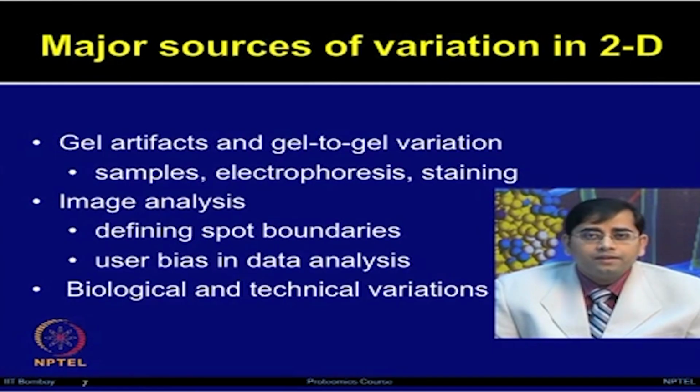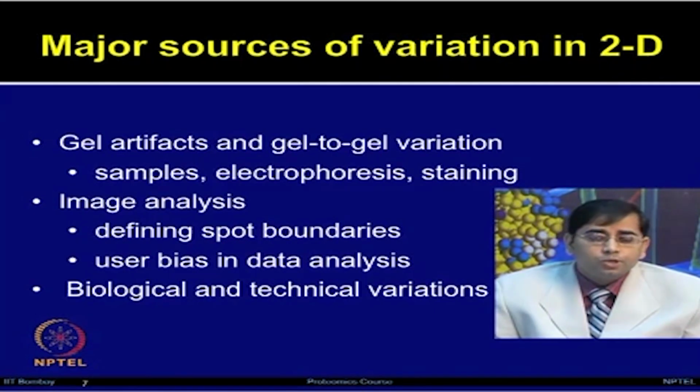Then you have different types of technical and biological variations. The image analysis itself is a very challenging process. How to define the spot boundaries, how to extract the intensity information from those spots. Often there is a user bias in doing this type of data analysis.